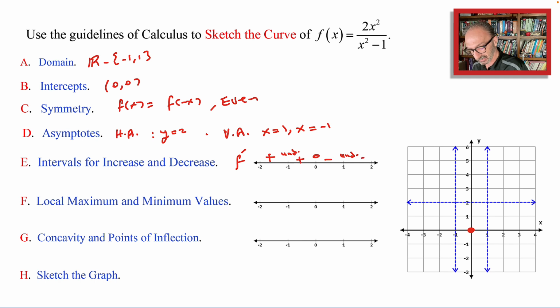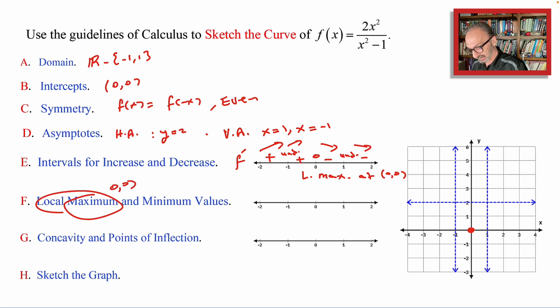We have a local max at 0, which is actually the point 0, 0. Let's write it down clearly. We have local max at 0, 0. We don't have any local minimum values.